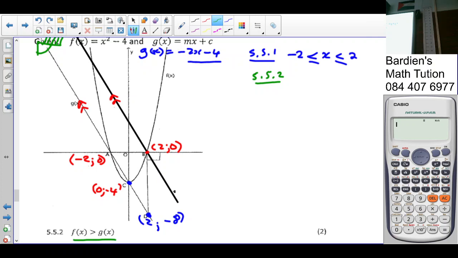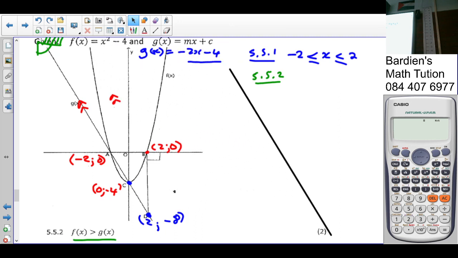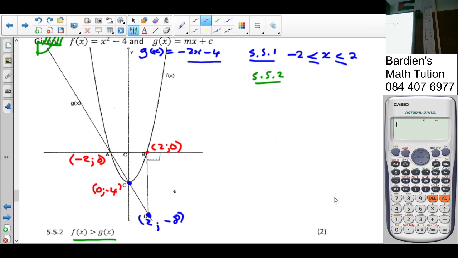I'm going to take this line off here so we don't get confused, okay? Remember, this is your g of x graph, the straight line, and this is your parabola. Is f on top of g here? Yes. Up until and including A, f is on top of g.